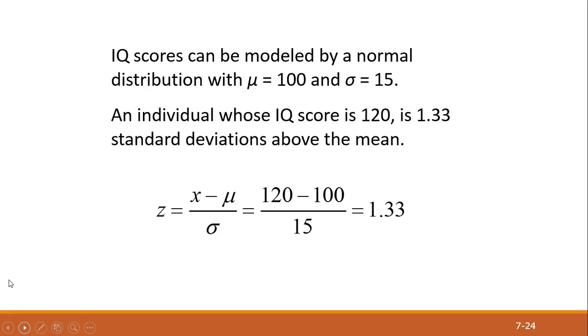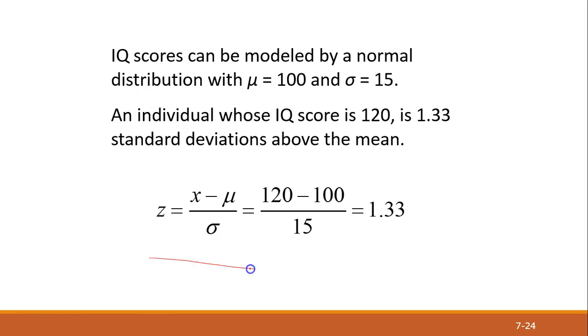So I give you this little example right here. It says an IQ score can be modeled by a normal distribution with a mean of 100 and a standard deviation of 15. An individual whose IQ score is 120 is 1.33 standard deviations above the mean, which is calculated in this way.